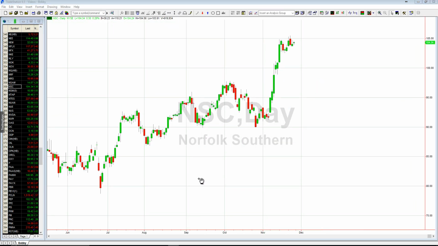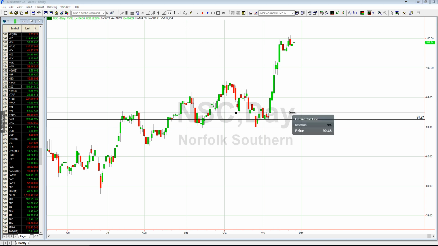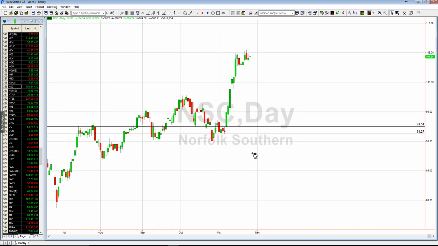Here we got price trading sideways for a few days, then accelerating up. So I would take that as a demand zone right there.